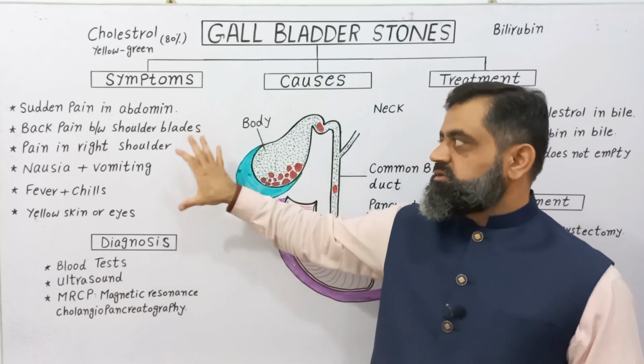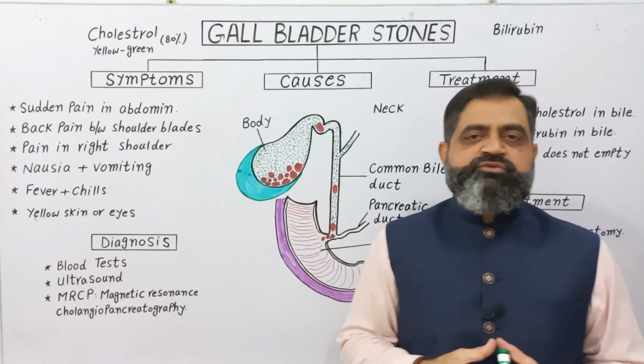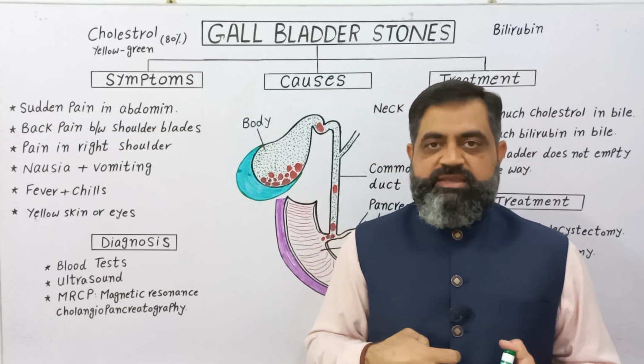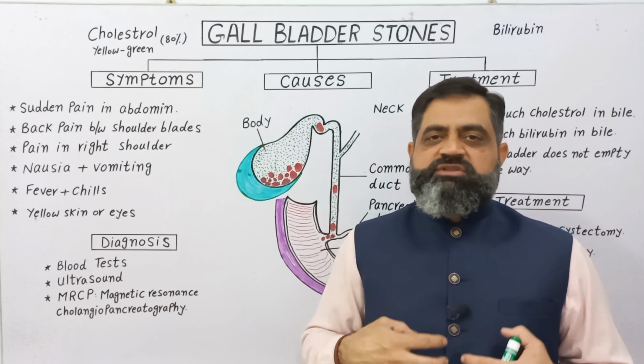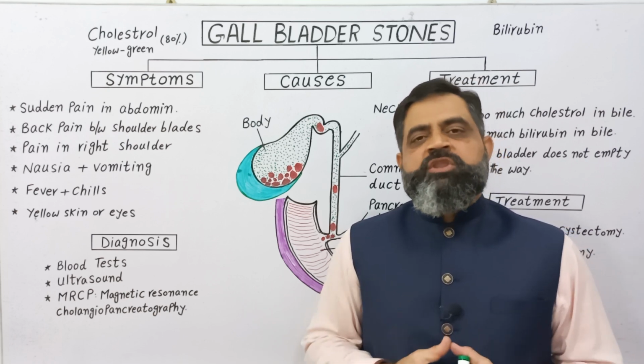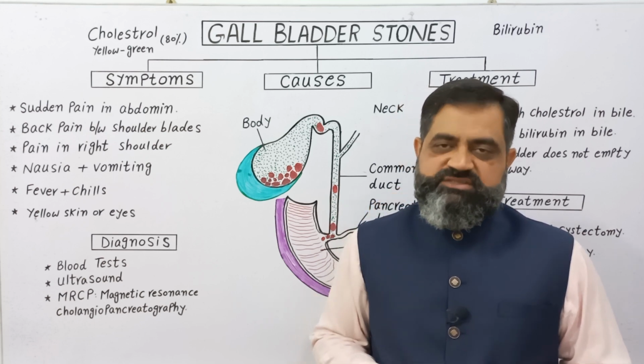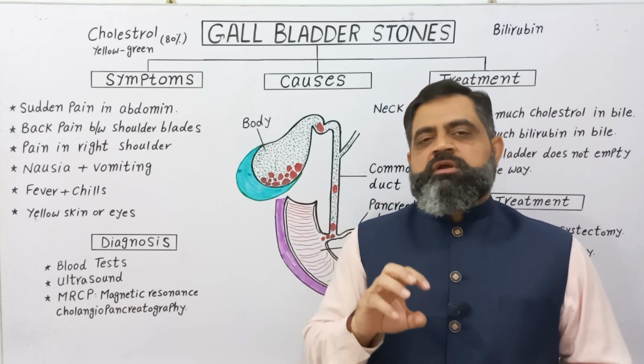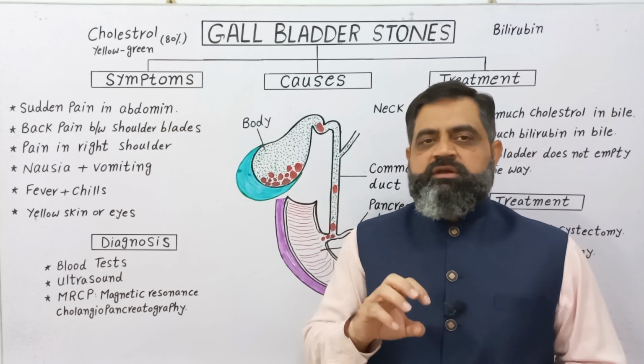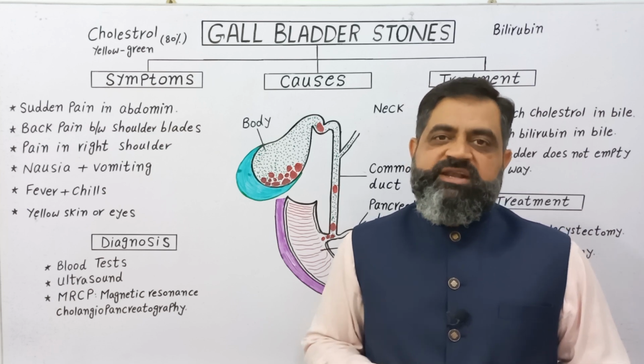So these are the major symptoms, which can also be confused with infection of the pancreas or infection of the gut. So to diagnose the exact cause of these symptoms, doctors usually undergo some preliminary tests.